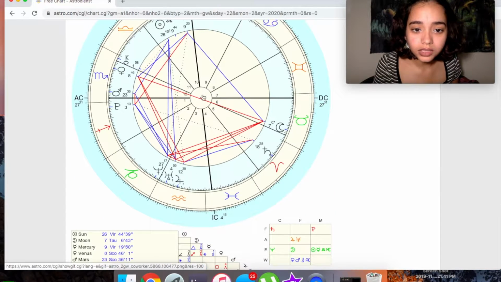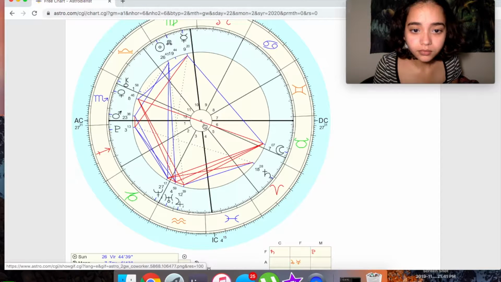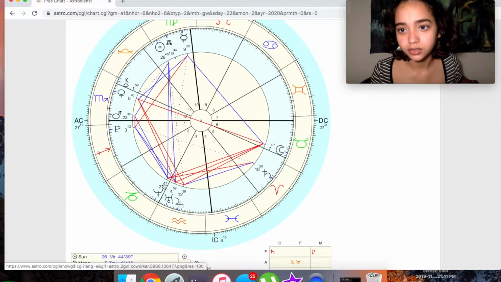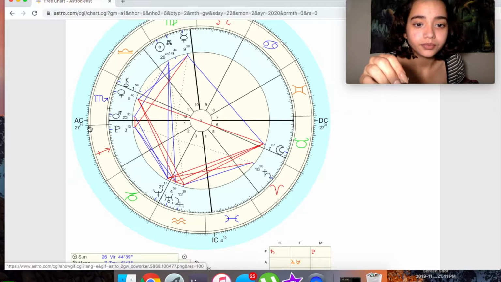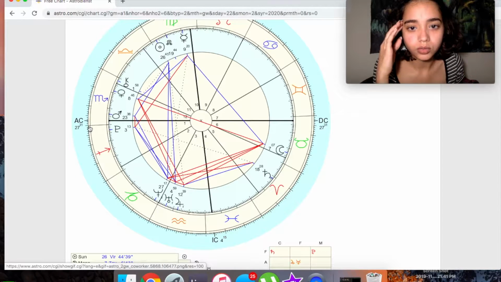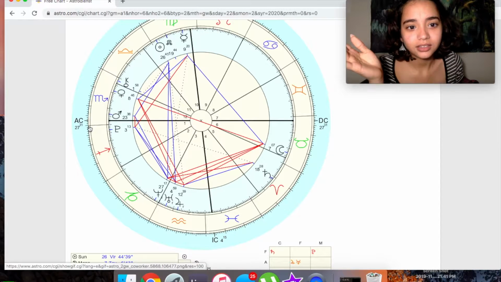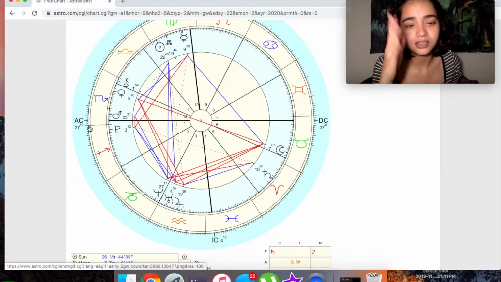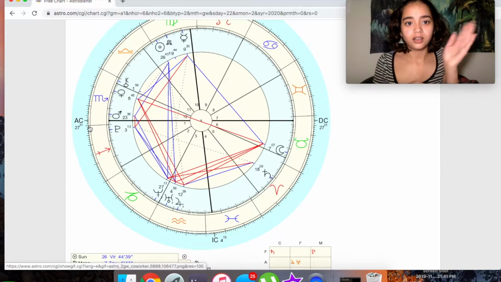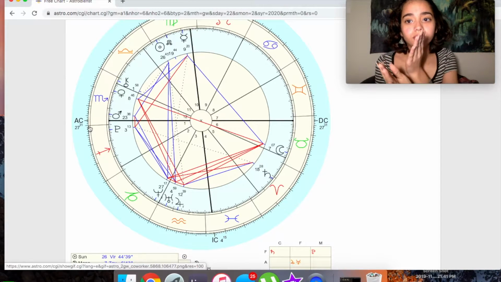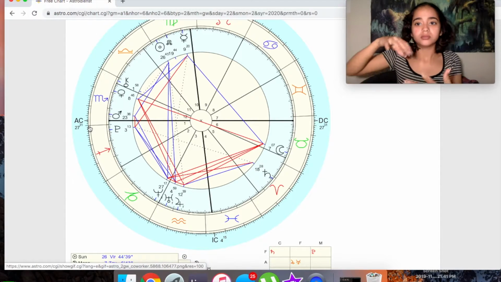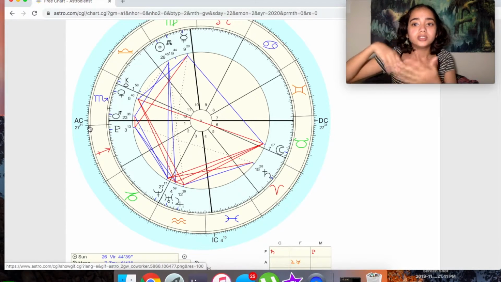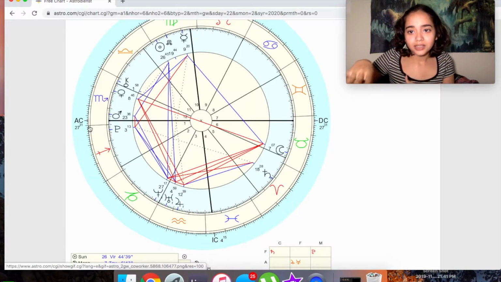So these lines are very important. All the lines are very important. But when we get to breaking down your chart, you just want to know what you're looking at. So what you're looking at is a division of the circle into 12 pies.